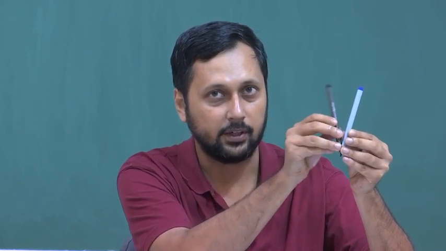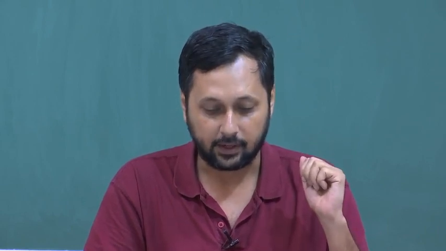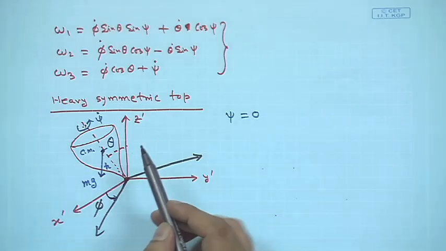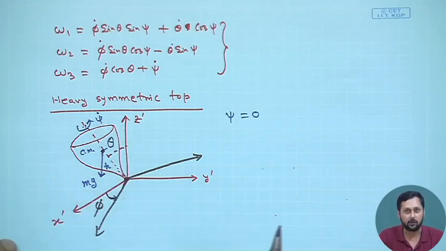The top axis can go up and down, which is taken by the angle theta. Also, it can rotate, making a precession motion around this axis, either like this or like this, and this precession is taken care of by the angle phi. And there is a third motion, which is the spin, taken care of by psi dot.